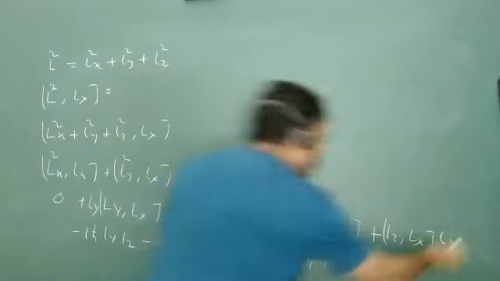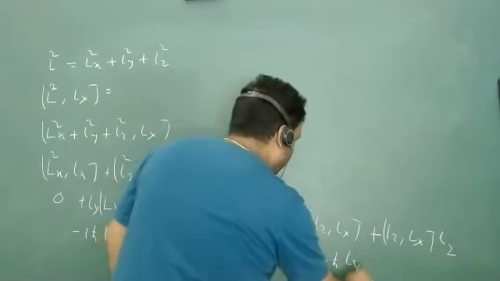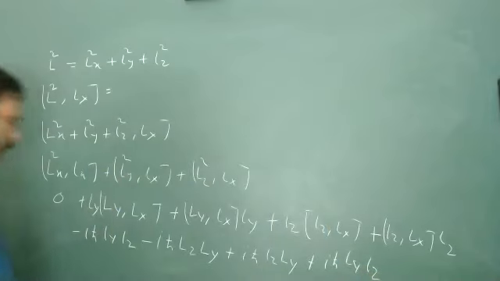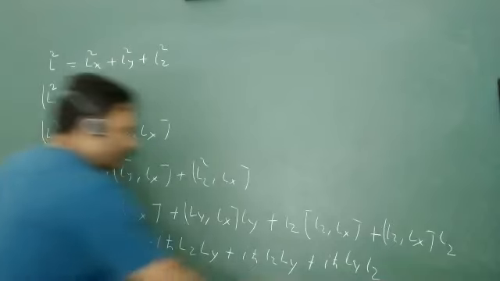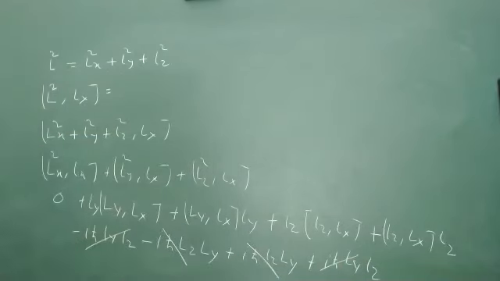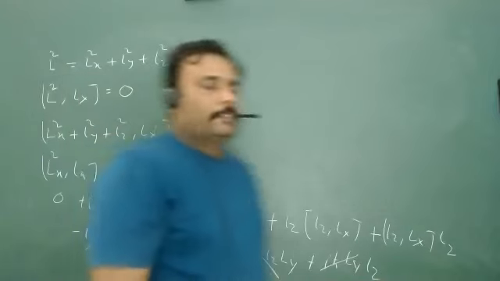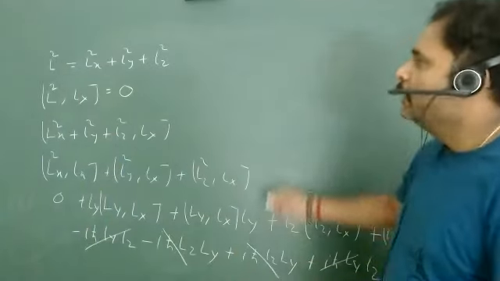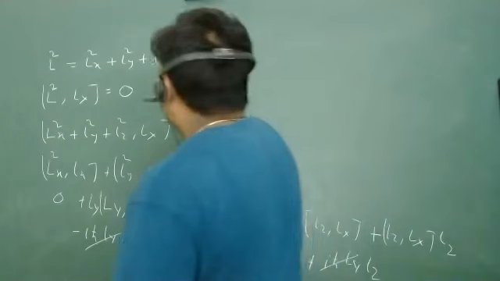Sorry, this is Lz, right? This will be Ly Lz. What will happen? The terms are going to cancel out, isn't it? This and this cancel out, this and this cancel out. So here you have very good news. Similarly, L square Lx is going to commute.